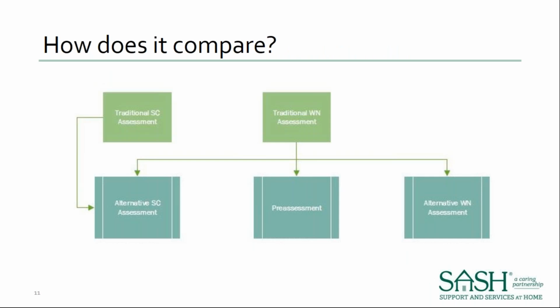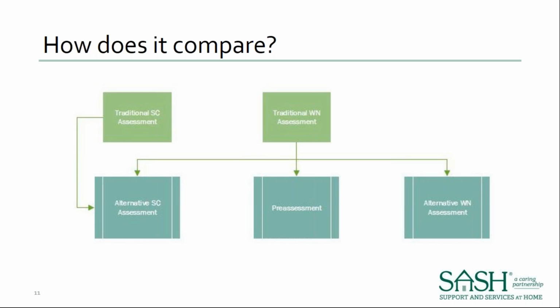The language I'm using around this is that the traditional assessment is what we've been doing up until this point. And it's not the assessment that's changed, it's just the workflow, really. So the traditional SASH coordinator assessment and the traditional wellness nurse assessment are in the green boxes, and then the teal boxes show where that data goes.